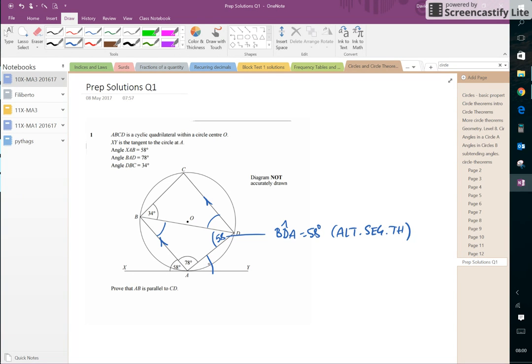We can work out this one here. Because of angles on a straight line, this is DAY equal to 180 minus the sum of the 58 plus the 78. And if we do that, 58 plus 78 is 136, leaving this as 44 degrees. So this is 44 degrees here.